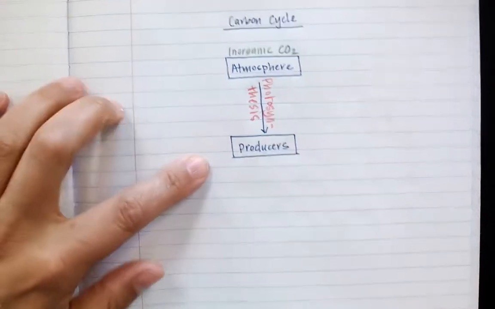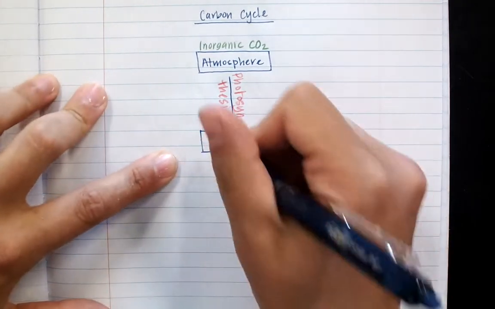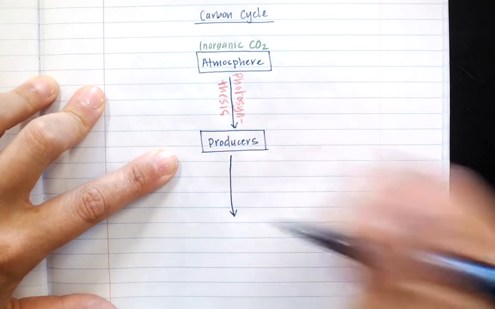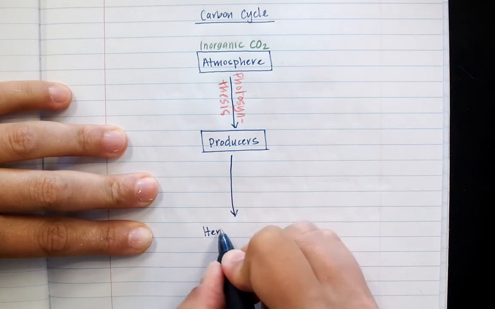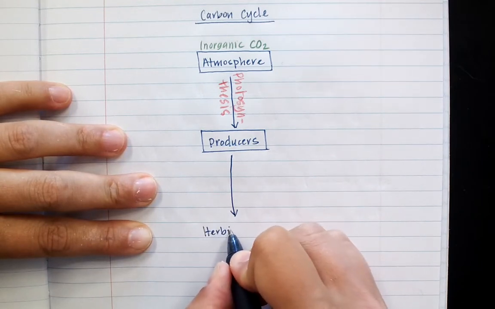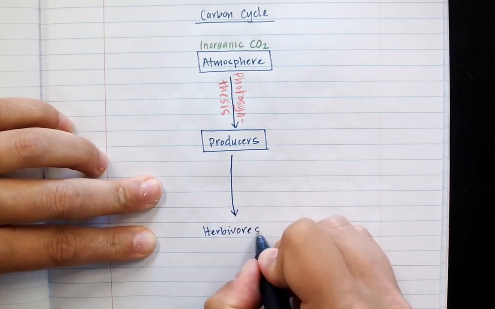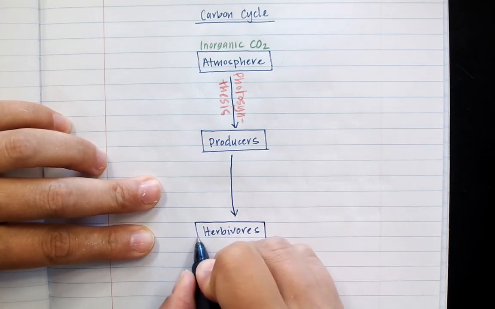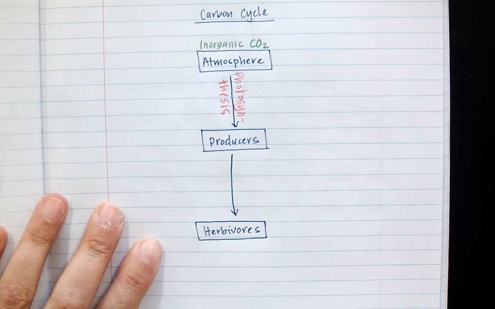So that's photosynthesis. Now, from the producers, the carbon is going to move into our herbivores, also known as our primary consumers or our first order heterotrophs.